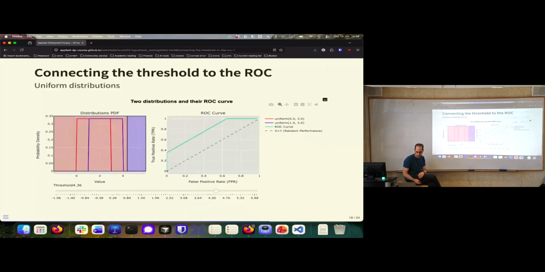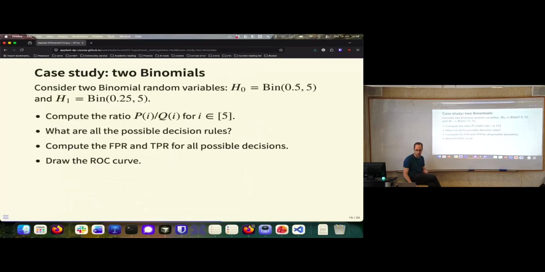Okay. So now let's go back to the assignment. Let's do this. So we have 2 binomials, and we want to find the optimal decision rule and all the options. Wait, how many outputs does a binomial with these parameters have? 6, right? 0 and the 5 outs.